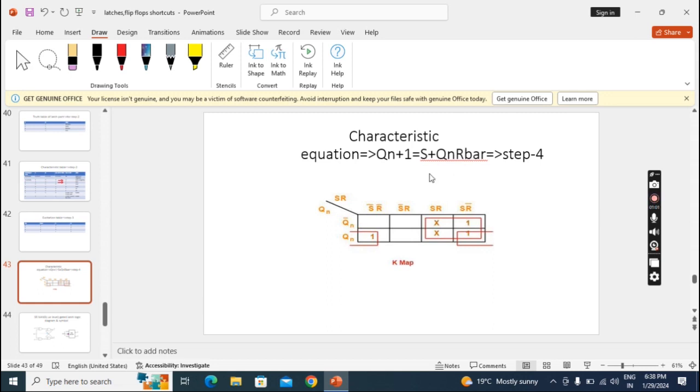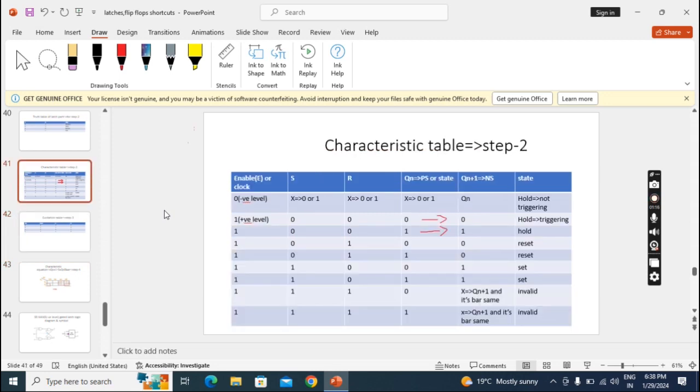So what's the benefit of this? I can determine the Qn plus 1 value by substituting the S value, Qn value, and R value in this equation. That's the benefit. So here, whatever hold is happening, this value is going to this side, from left to right.